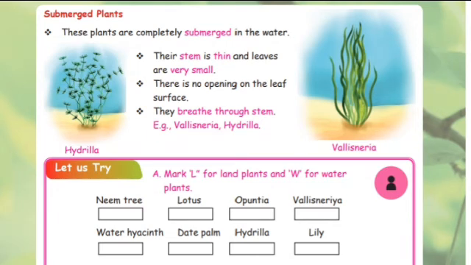Their stem is thin and the leaves are very small. There is no opening on the leaf surface. They breathe through the stem. Example, Vallisneria and Hydrilla.